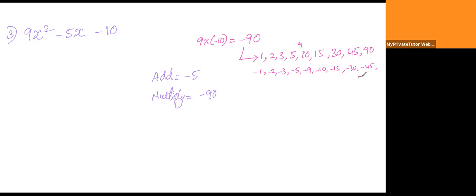Okay? So it's not compulsory to write these factors. If you're able to find the factors directly, you can do that. So we are just writing these factors for our reference, to make it easier. So what are the two numbers, guys? Anybody?